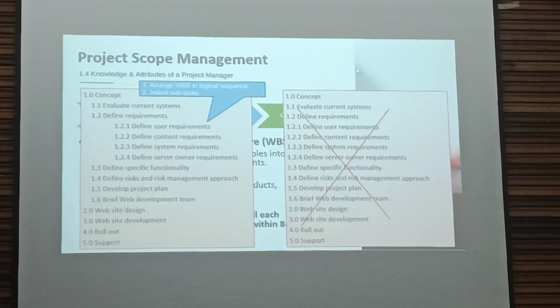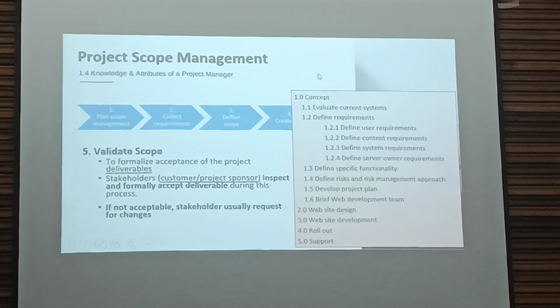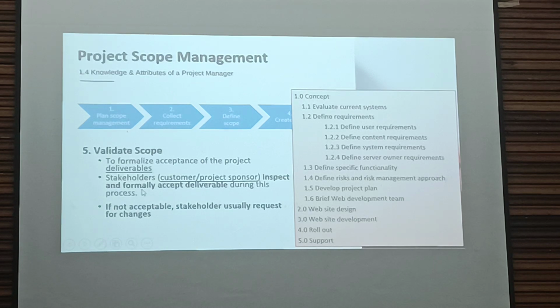Okay, validate scope. So let the customer or project sponsor inspect and formally accept deliverables. The project sponsor is the one who wants to see the project succeed, or is the one who is paying for the project.